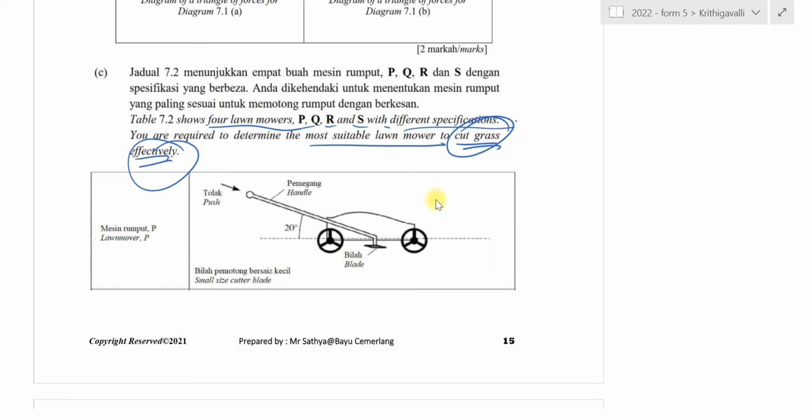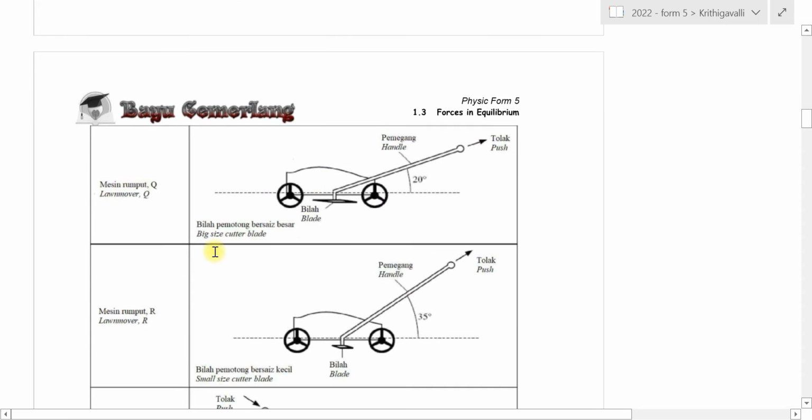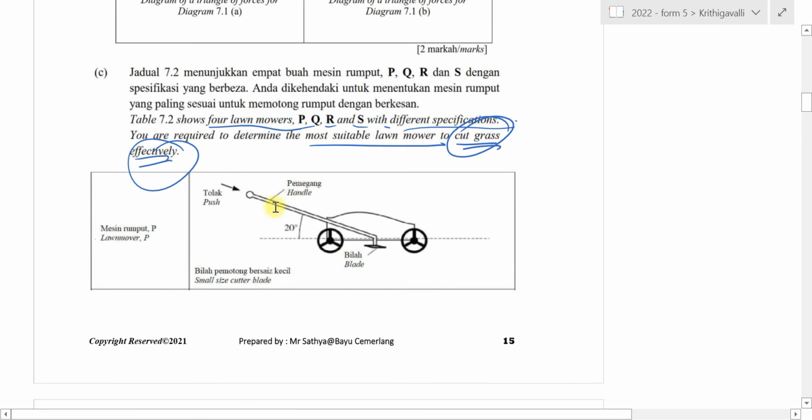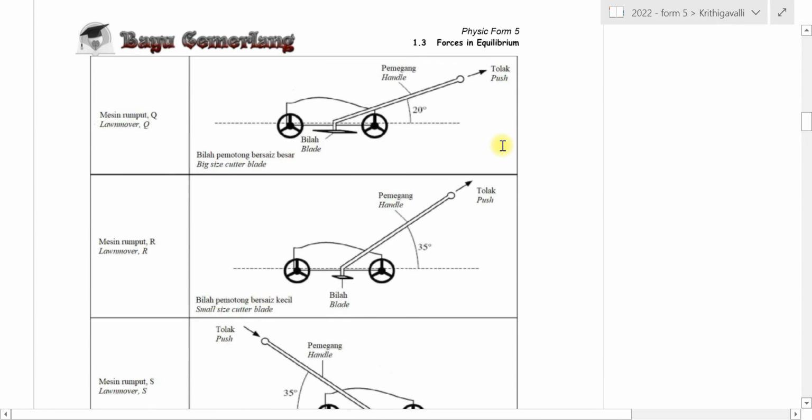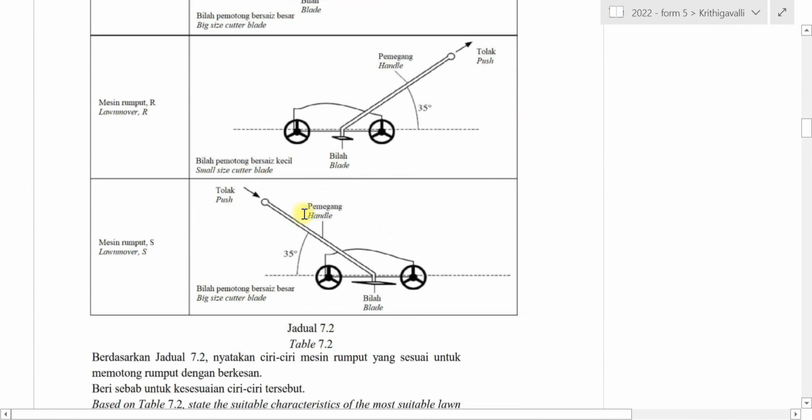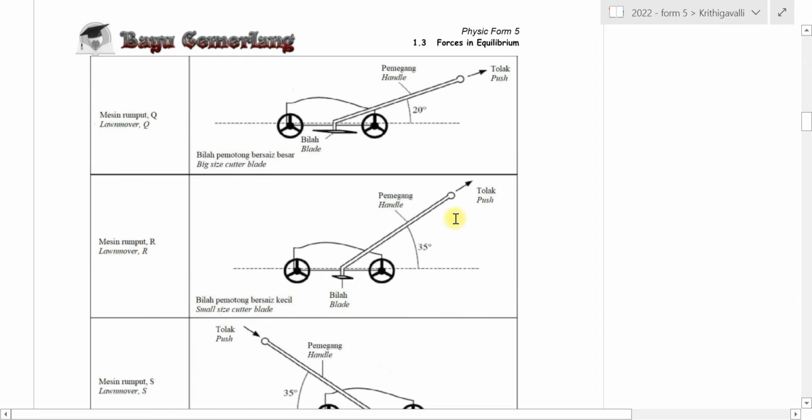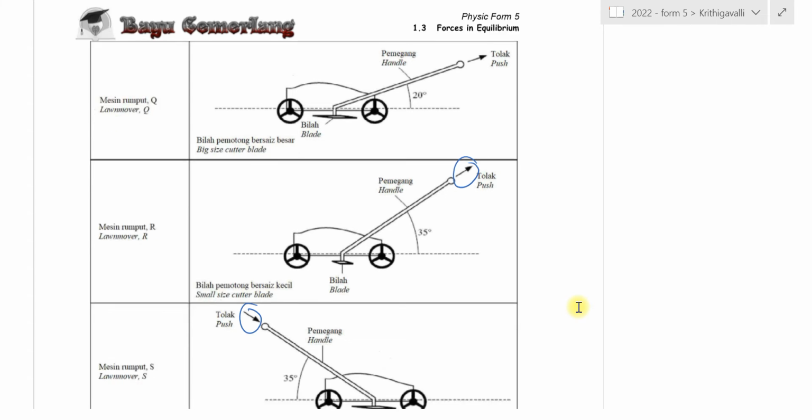So we see we have an angle here and then a blade here, small size, big size cutter blade, and then different angles, and also some use pushing force, some use everything push only. The direction, here the push is downward, this one pushes upward. Push upward is basically pulling, right?